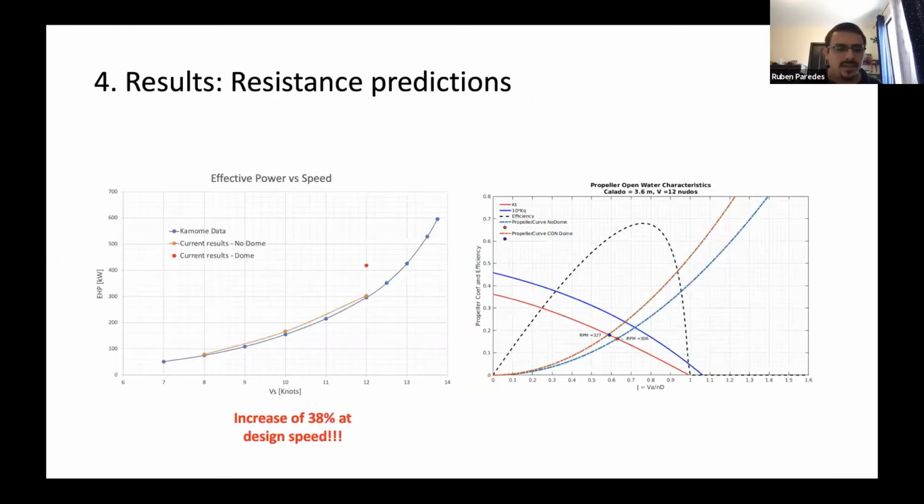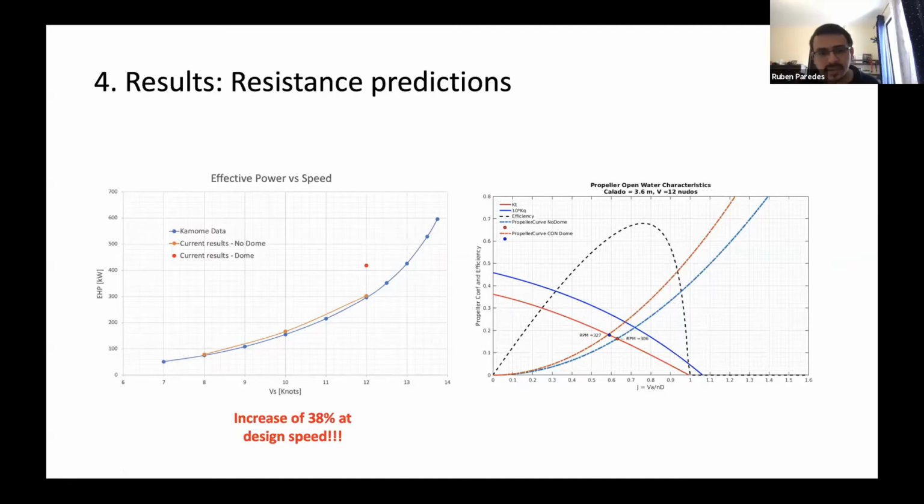And so far, we have been able to confirm that the presence of the dome alone is responsible for an increase of 38% in the effective power required to navigate at 12 knots.